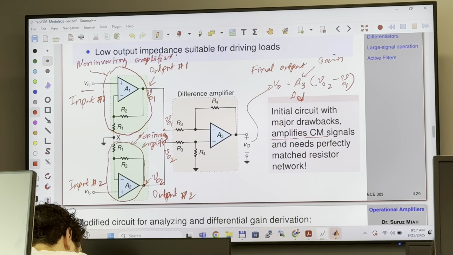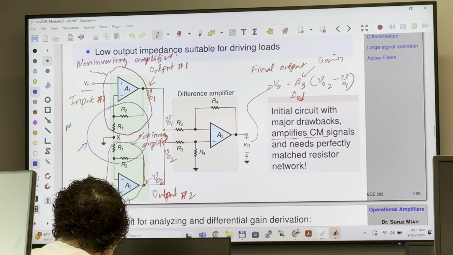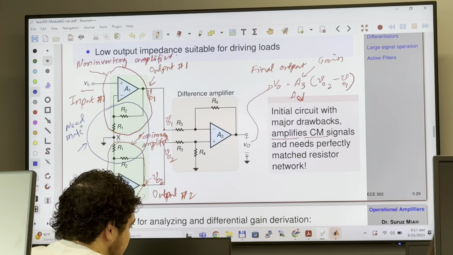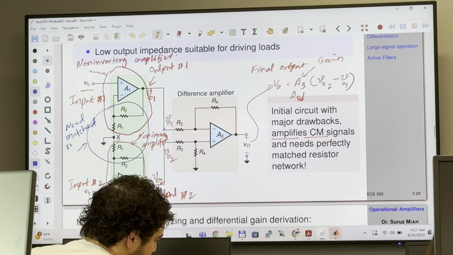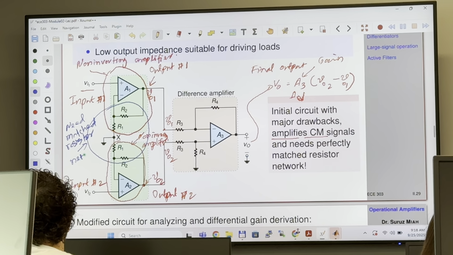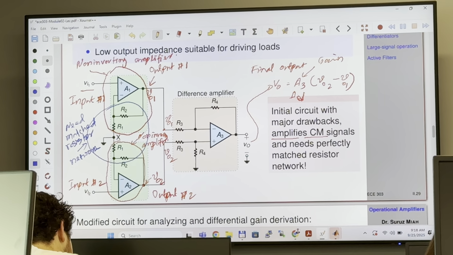So we want to reject it, and that is the reason we do need a perfectly matched resistor network.